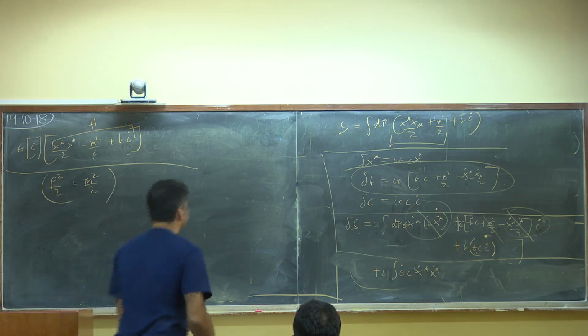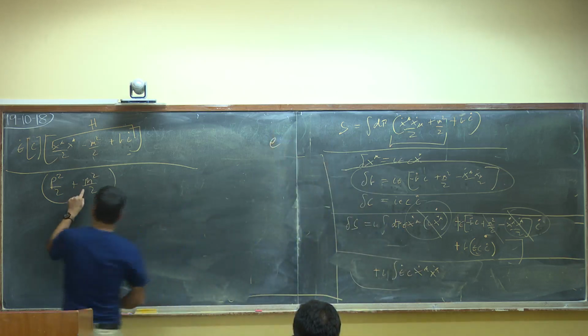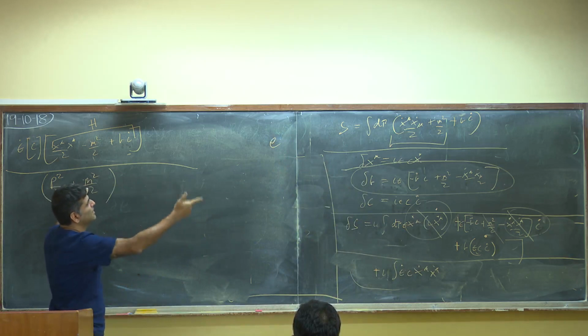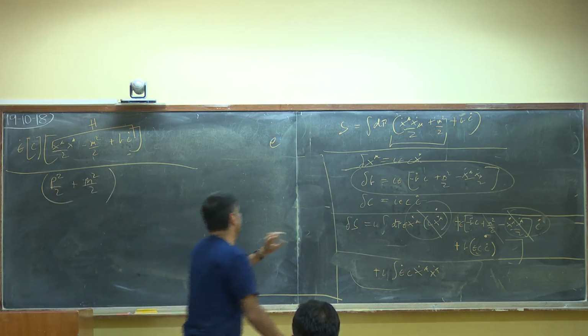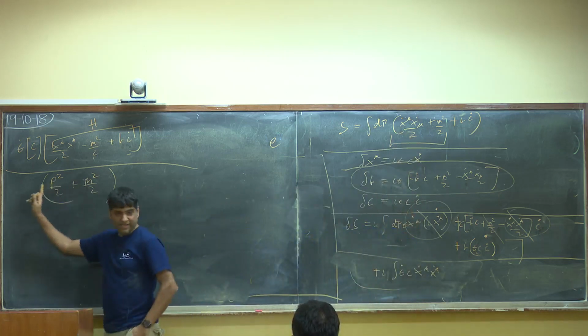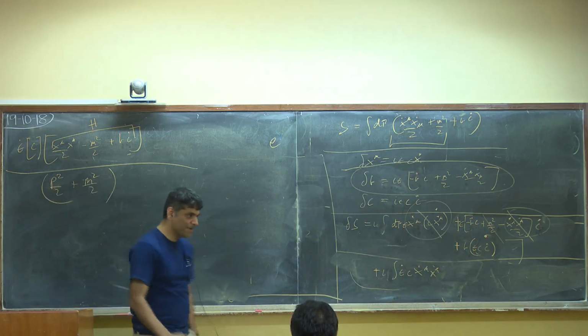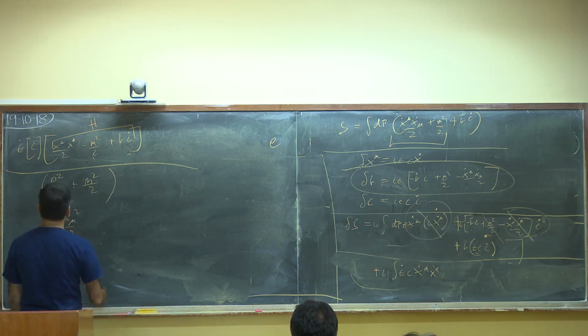Yeah, because we're doing e to the power minus s. Okay, anyway, p squared by 2 plus m squared by 2. M squared will continue to be the potential. This is a kinetic term. Okay, so what we call the Minkowskian Hamiltonian is p squared by 2 plus m squared by 2. P squared is of course x mu dot squared by 2 with our Lagrangian. Okay, so this would come to x mu dot squared plus m squared by 2.